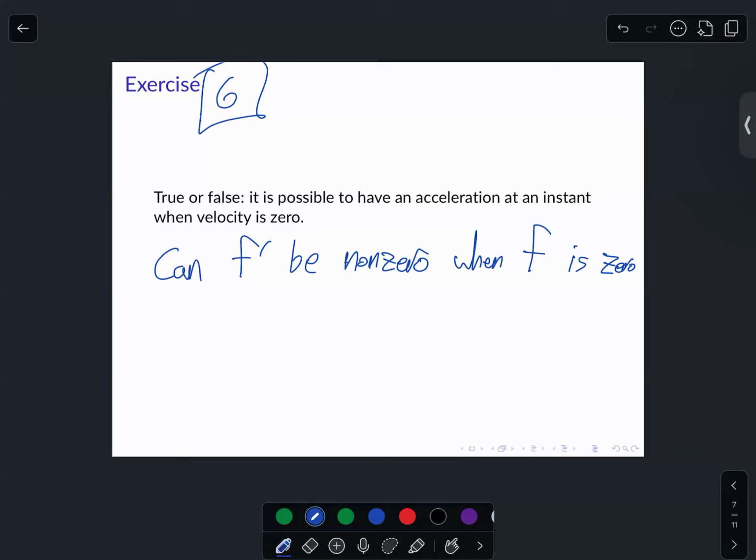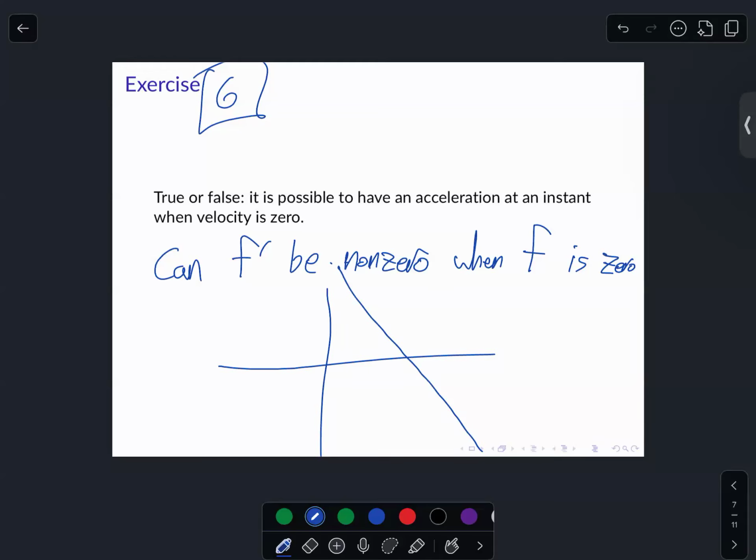Hey, more than half of you. Say this is the function y equals 2 minus x. What's its slope? -1, right? What's the derivative of 2 minus x? -1.